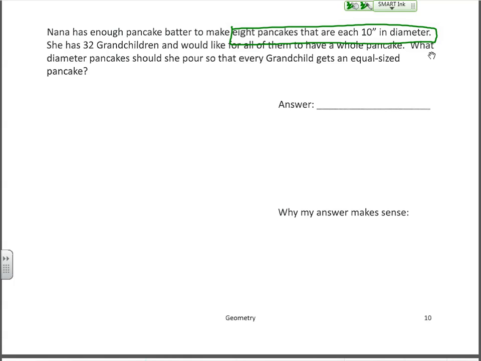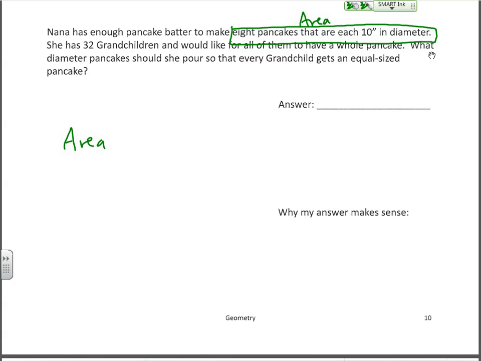And since we're talking about pancakes, which are relatively flat, more or less a 2-dimensional shape, you're looking for the total area that 8 pancakes, each with 10 inches diameter, is going to be. And then that area, right?